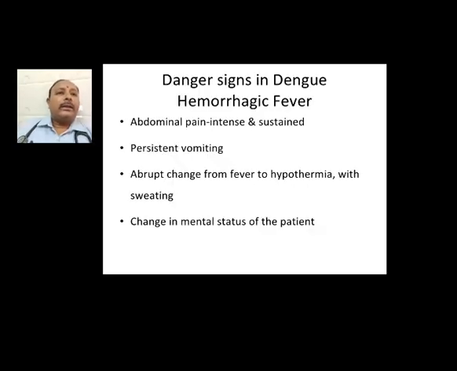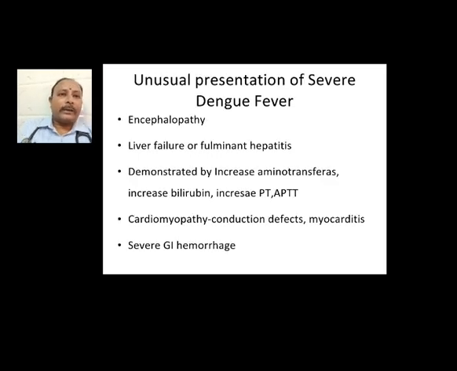Danger signs in dengue hemorrhagic fever. The danger signs are abdominal pain, that is intense and sustained, persistent vomiting, abrupt change from fever to hypothermia with sweating, and change in mental status of the patient. These are the danger signs in DHF.